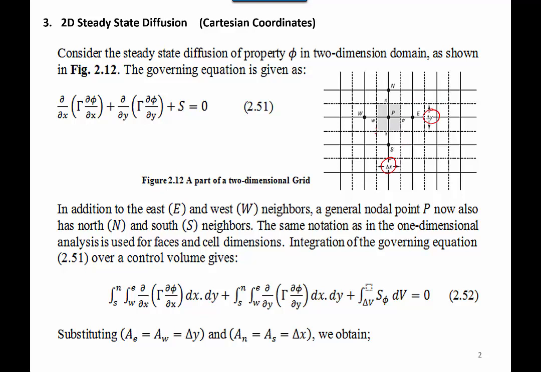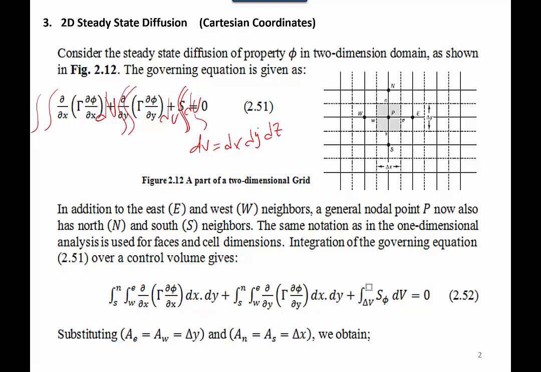So to start our solution, we have to integrate our differential equation 2.51 over the control volume. Since it is a two-dimensional case, we put here a double integral symbol with d volume of the control volume element, and also here a double integral and d volume, and also here. D volume, as we know, equals dx multiplied by dy multiplied by dz.